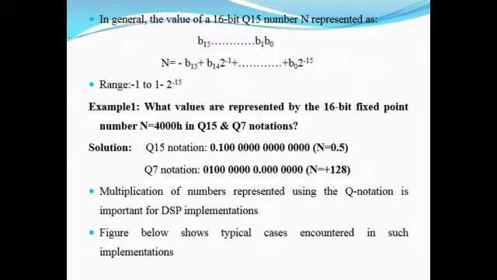So n is equal to minus B15 plus B14 into 2 power minus 1 plus B13 into 2 power minus 2 plus so on plus B0, that is the last value, into 2 power minus 15, which represents the Q format, which is Q15.